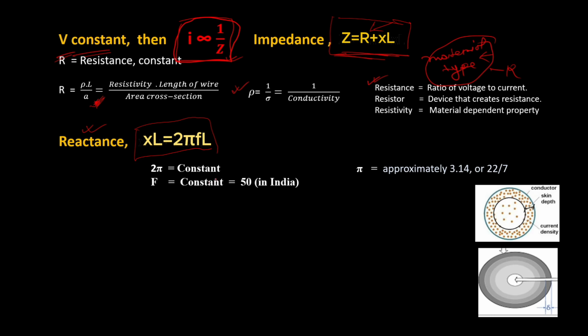F is also constant, ideally. In India, the frequency value is 50 hertz. L is not constant, it's a varying quantity.